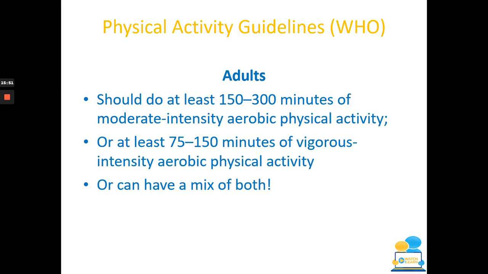So as we can see here, we would only need to do half as much vigorous physical activity as we would moderate. So we could have a mix of both.